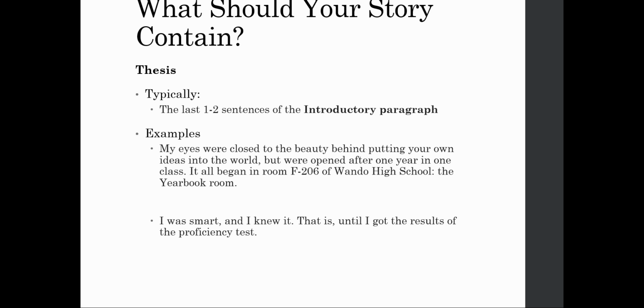So, as you can see from these 2 examples, your thesis statement isn't going to say exactly what your essay is about, or it doesn't have to. But it should provide the reader with enough detail that they understand what is coming next.